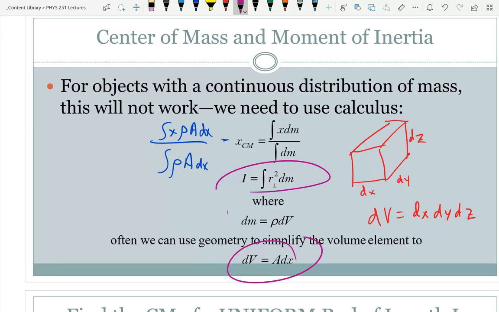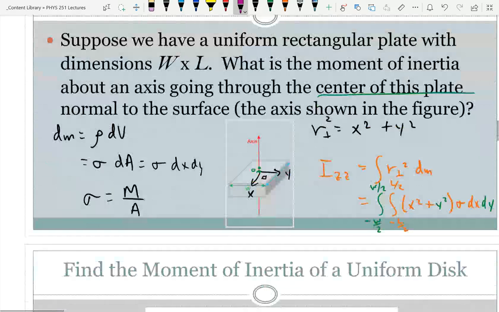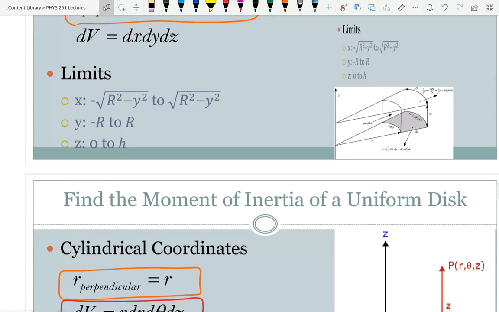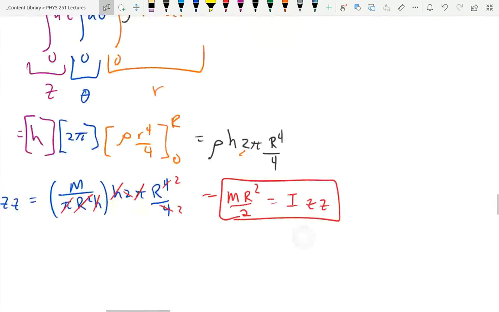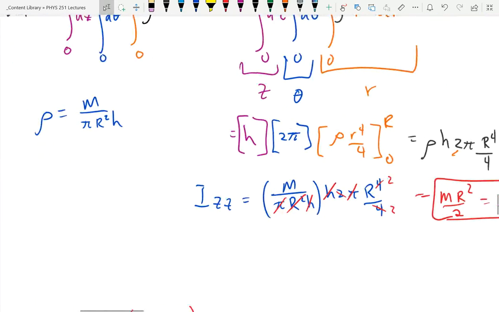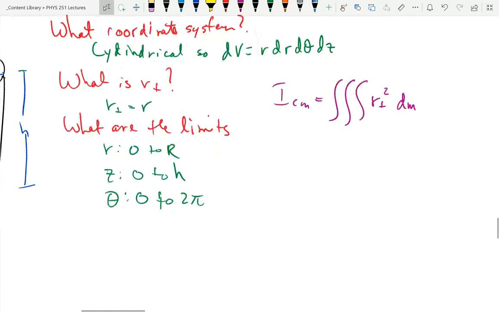So this is the equation I just wrote. dm is still rho dV, and dV is this thing in the red box, which you will have on the exam.